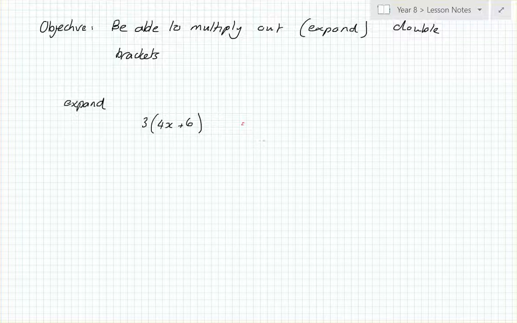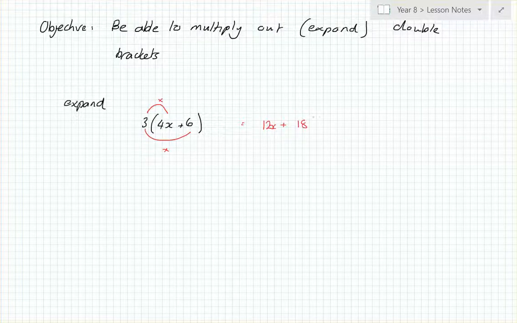I just want to expand this. So get rid of the brackets, expand. Louis? 3 times 4x and 3 times 6. So I end up with? 12x plus 18.